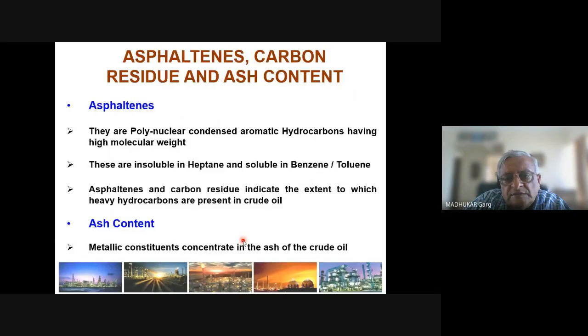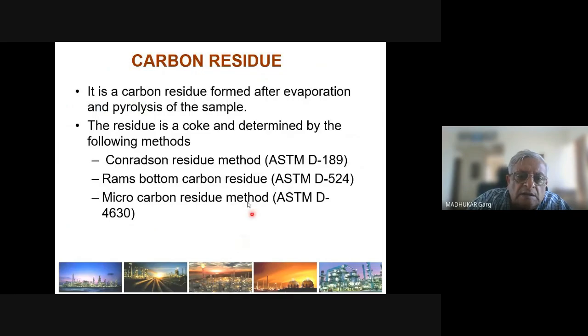One way to determine the asphaltene content is also by measuring a characteristic of the crude oil called carbon residue. And this is, in layman's language, what carbon residue means: the carbon that is left when you pyrolyze the sample. That means you take a measured quantity of crude oil, let's say 20 ml, in a platinum crucible, and you slowly heat it up.